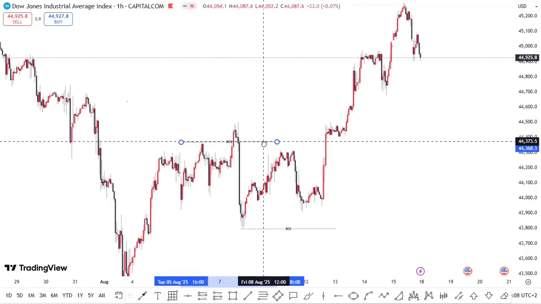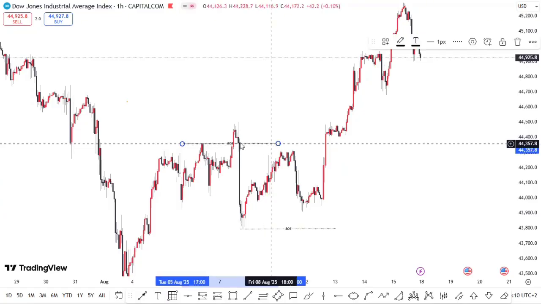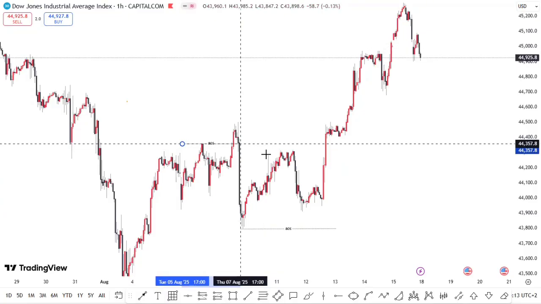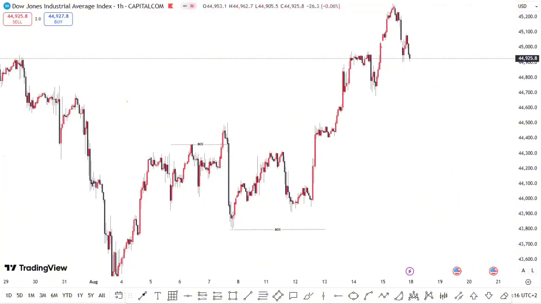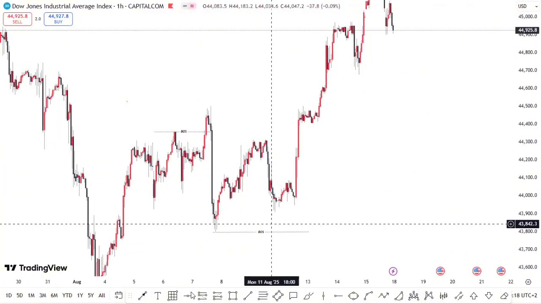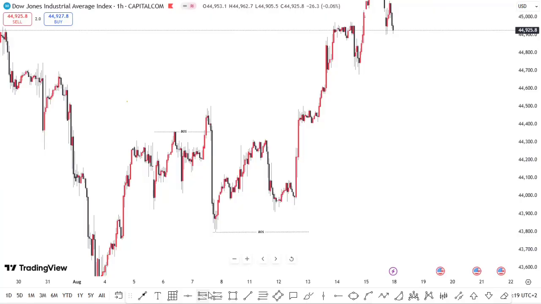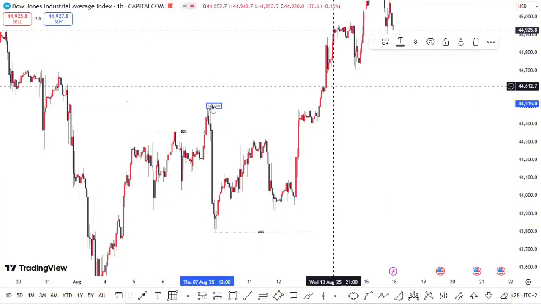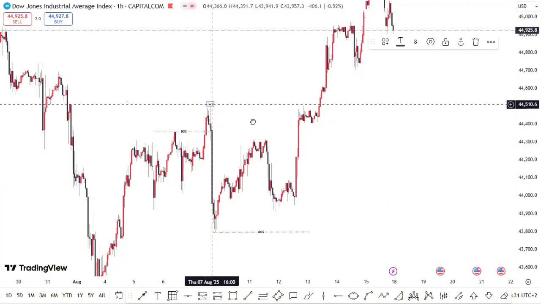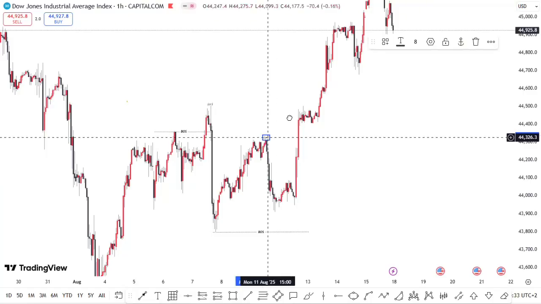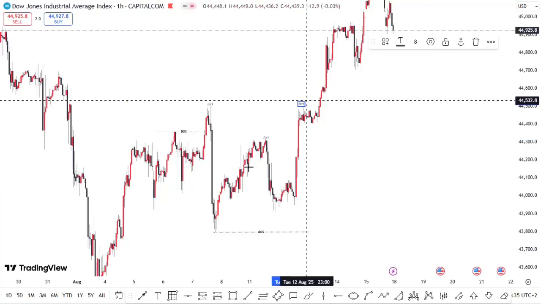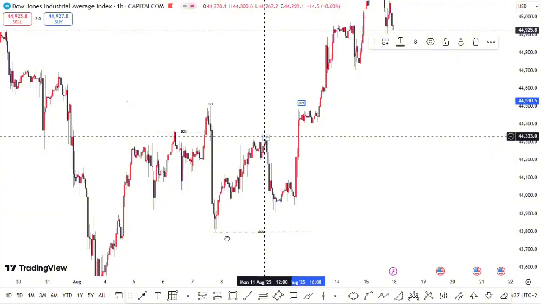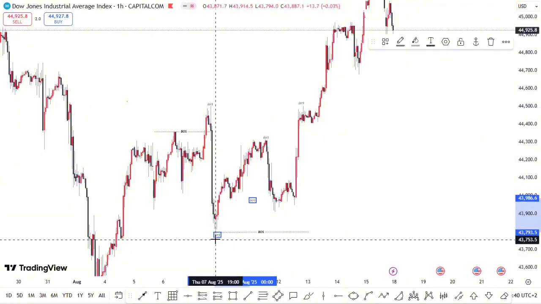It's not nice. Let me adjust it well. Name this one as my correction. Copy again, paste it there. Copy again, paste it on the downside.